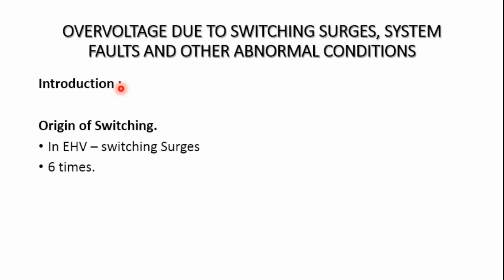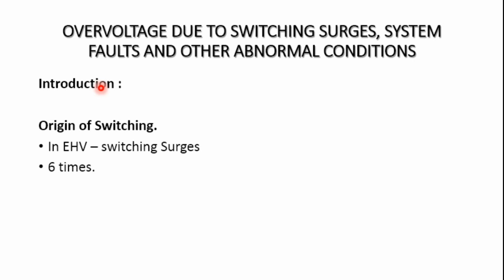Unlike lightning overvoltages, switching and other types of overvoltages depend mainly upon the system, and they also increase with the system voltage. That's what we discussed: below 400 kV, we give more importance to lightning, and above 400 kV, we give more importance to switching surges.